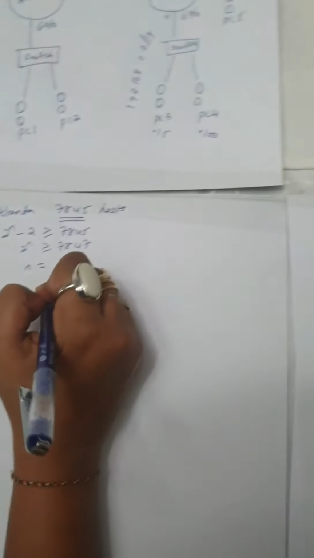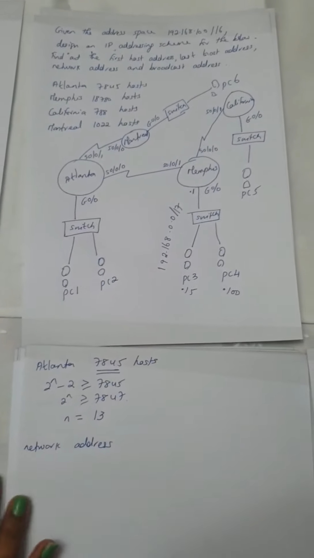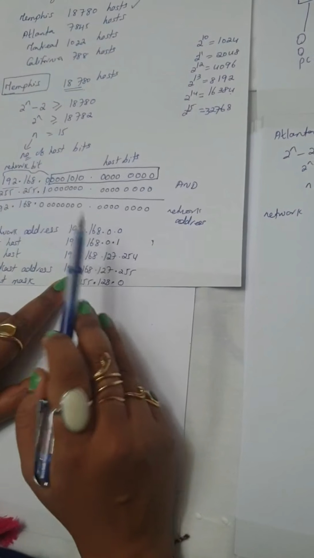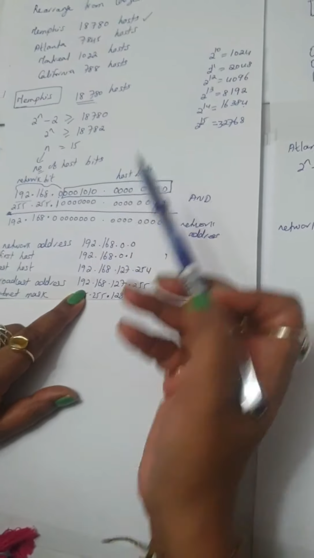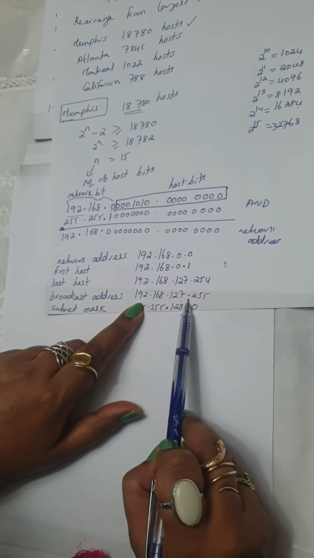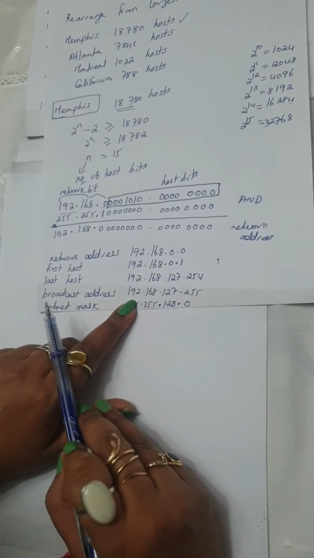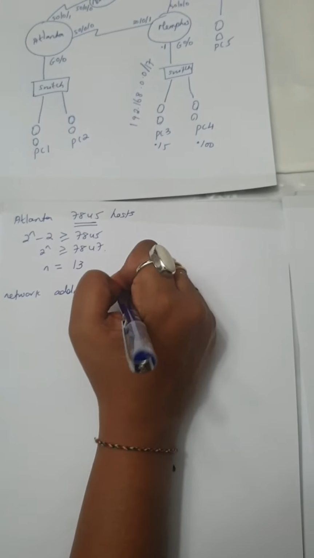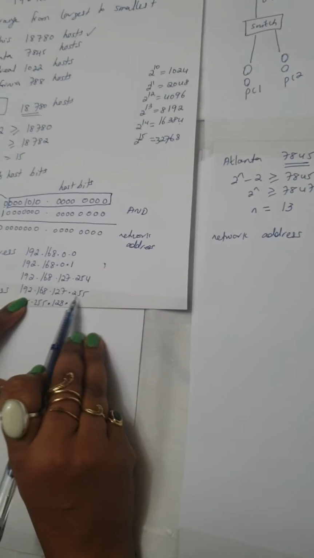Now, the first network address. That's very important. The first network address will be one after the broadcast address of Memphis. The last network we just calculated, 192.168.127.255, was the broadcast address of Memphis. So one after this would be the network address, 192.168. Now, when we add 1, we can't have 256.